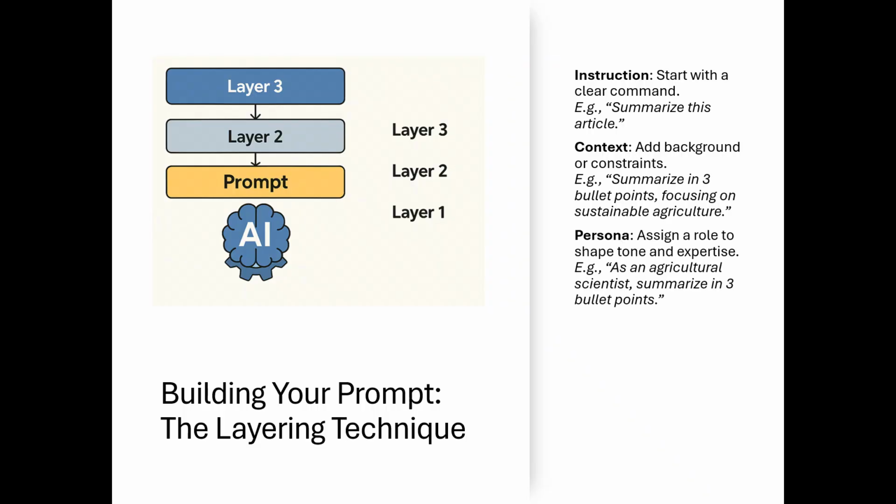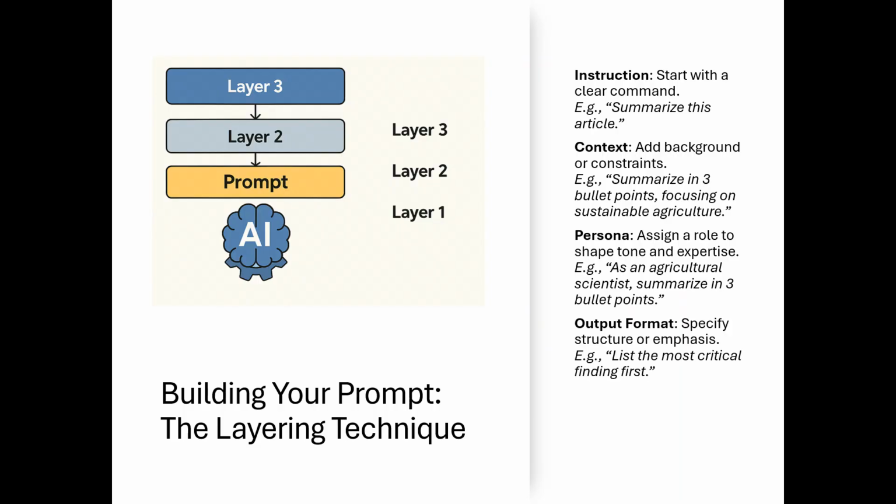Then, on top of that, you can add another layer, a persona, or a kind of character or person-like way that you want AI to act. So, you can assign this role to shape the tone and the type of expertise that you'd like AI to take on for you. So, in this case, asking about sustainable agriculture, I might say, act as an agricultural scientist and summarize in 3 bullet points this article.